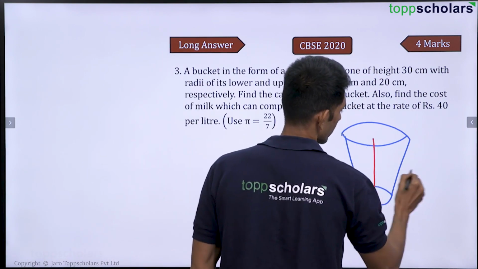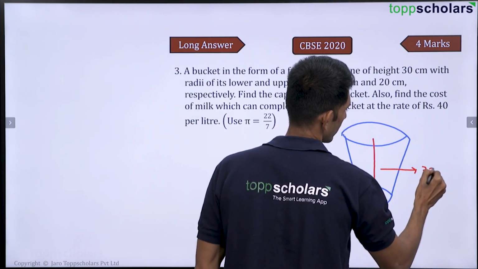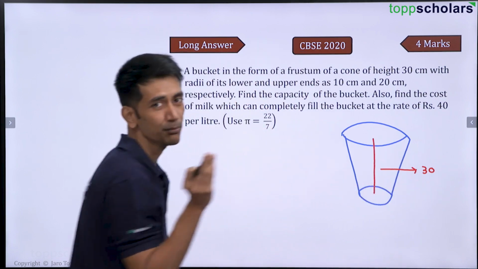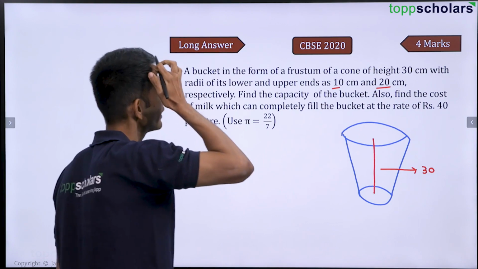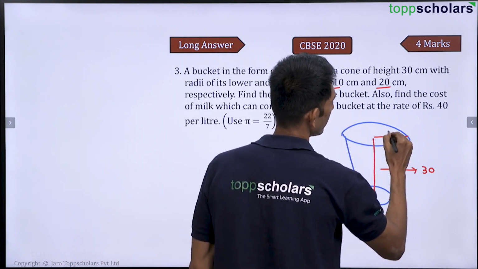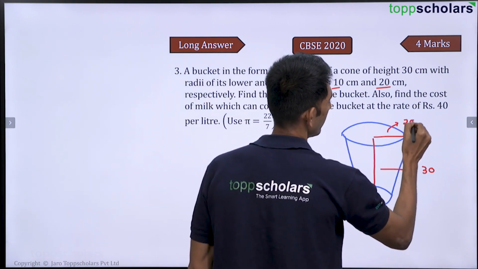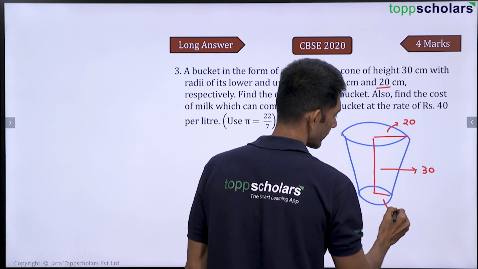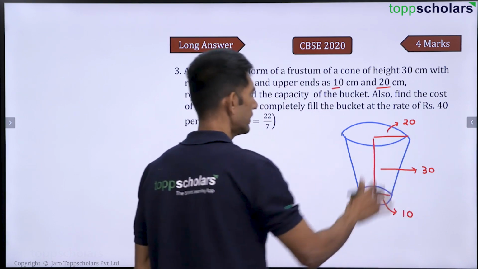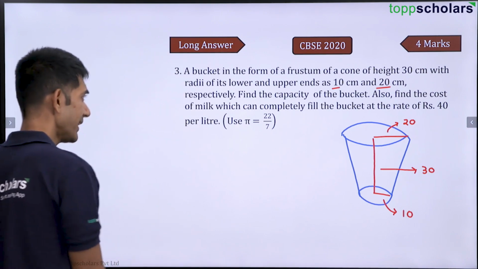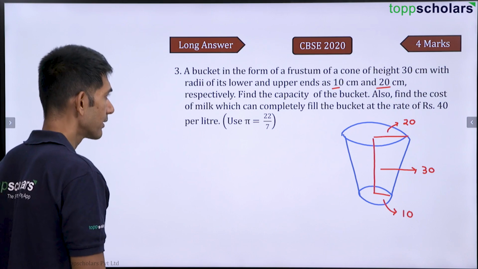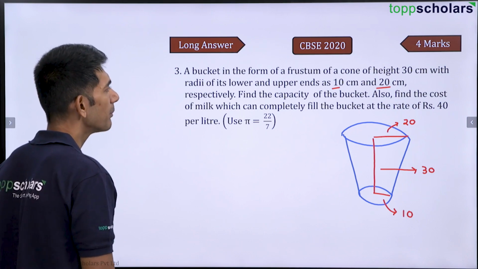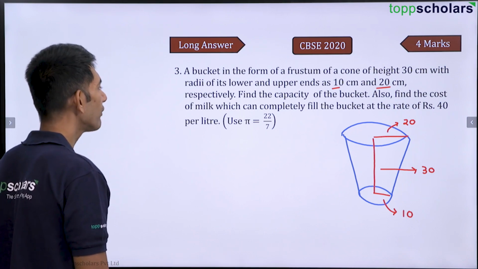H is 30, and the smaller radius is 10. The upper radius is 20. That is also given in the question. Everything in centimeters. Find the capacity of the bucket. Also find the cost of milk which can completely fill the bucket at the rate of 40 rupees per liter.